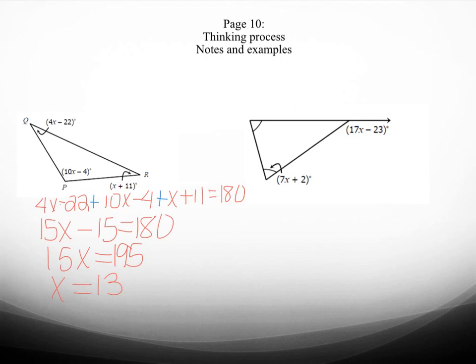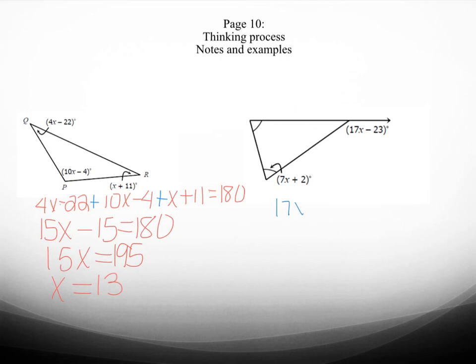Now let's take a look at the triangle on the right. It is different from the triangle on the left, so let's first talk about what we notice. We have an exterior angle now, and remote angles that are interior. So our first thought is to go to our exterior angle theorem. With the exterior angle theorem, we always write down the exterior angle first, by itself.